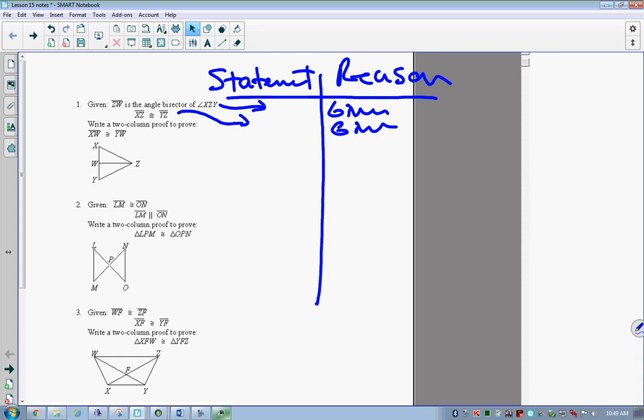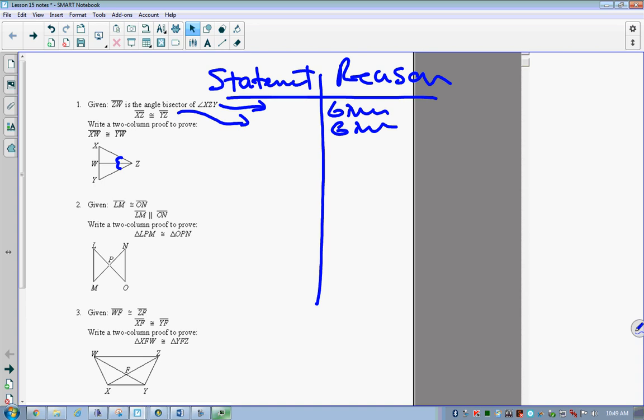All right, my next suggestion is to go ahead and put in that information. If it says ZW is the angle bisector of angle XZY, what I'm seeing is that those two angles are congruent to each other. Do we see that?